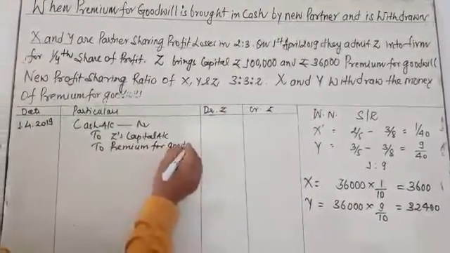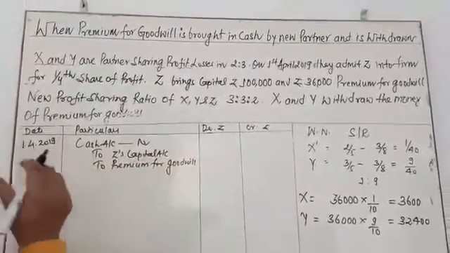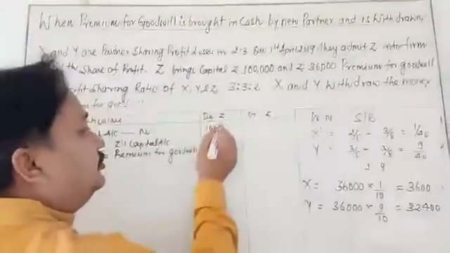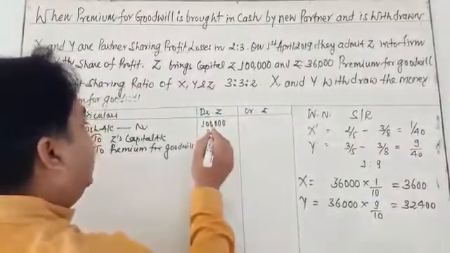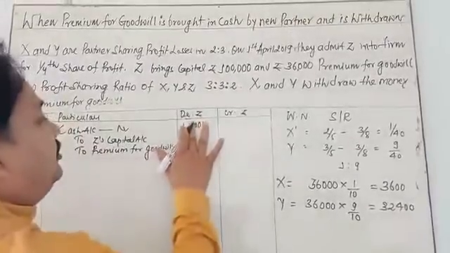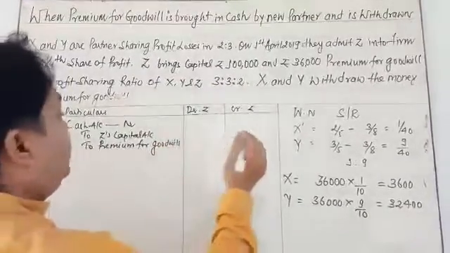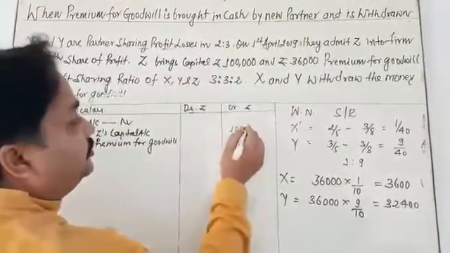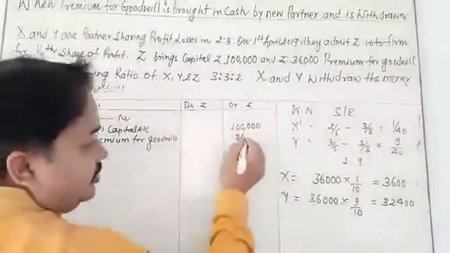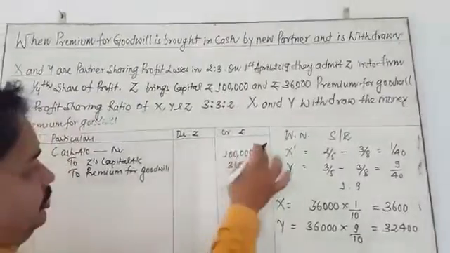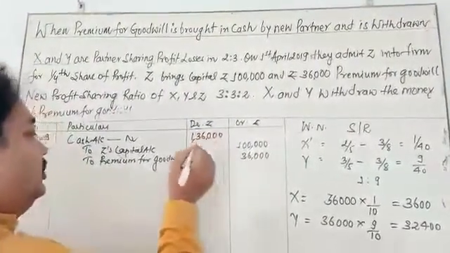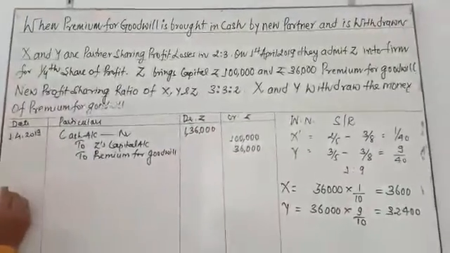Cash brought is 1 lakh rupees plus 36,000, that is 1,36,000. The 1 lakh is credited to the partner's capital account and 36,000 is premium for goodwill. You write 1,36,000.